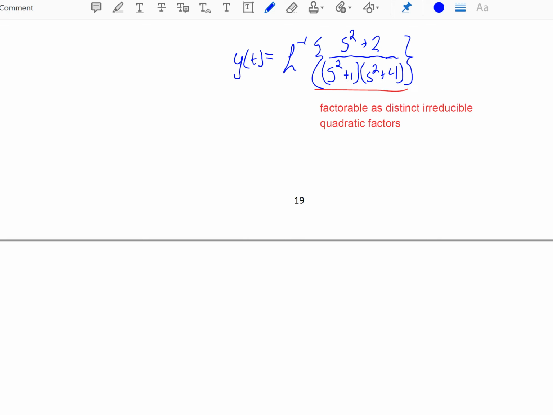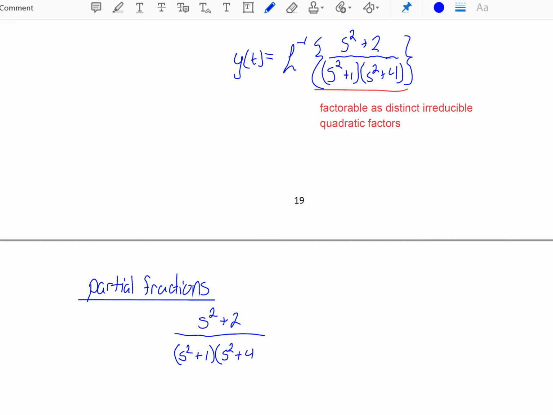So here we go. Let's look at your partial fractions technique when you have irreducible quadratic factors. So here now our goal is to rewrite the fraction s squared plus 2 over s squared plus 1 times s squared plus 4.